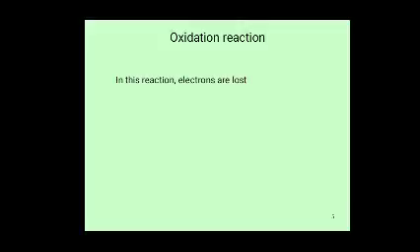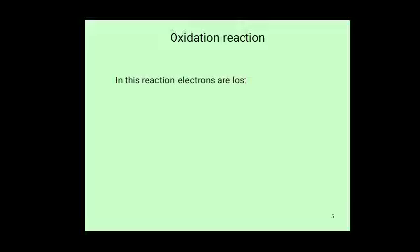Except these atoms, all atoms are unstable. Those unstable atoms get the nearest of these atoms' configuration. The stable configuration is formed by atoms by the transfer of electrons or sharing of electrons.